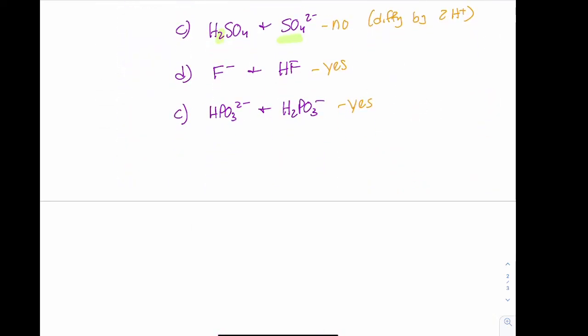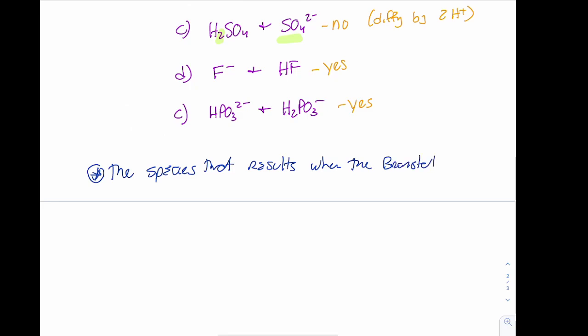So the species that results when the Bronsted-Lowry acid donates its proton is the conjugate base.